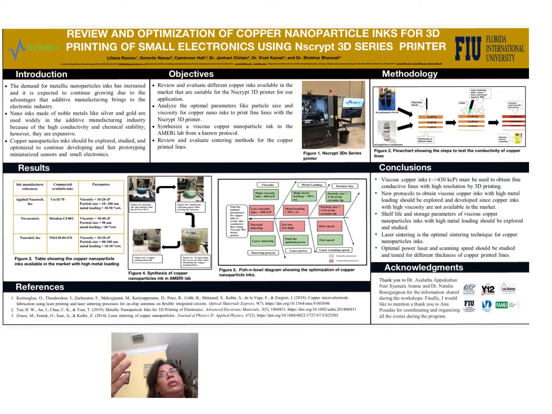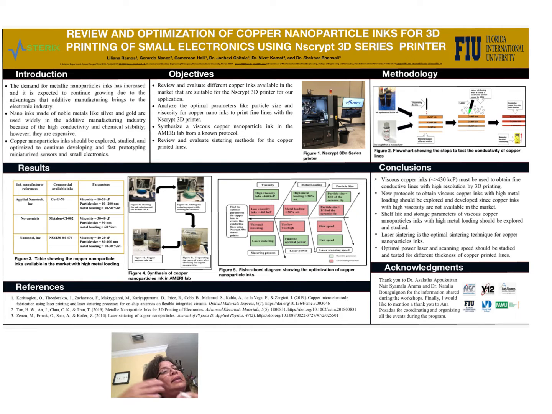Can we use a thermal oven sintering technique in this case? The answer is no, because the copper nanoparticles are going to tend to oxidize, affecting the overall electrical conductivity of the final product. So we're recommending to use laser sintering. Okay, it's not a recommendation, it's a must. In the case of the printer that we have in the lab, we have that feature that can be added.